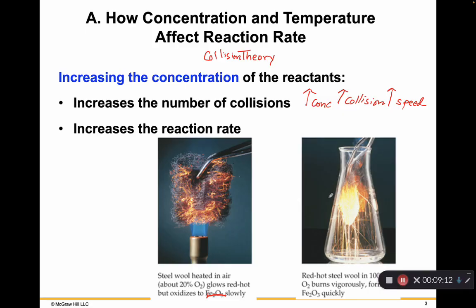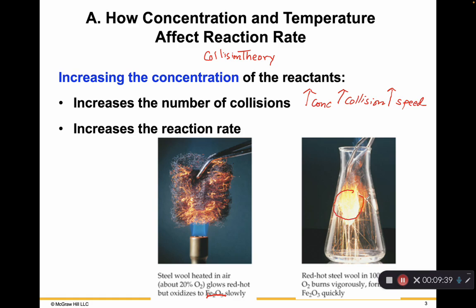If you are doing the same reaction, but this time you are not doing it in the open air of the lab, you are collecting oxygen gas in an Erlenmeyer flask. You have a flask that is full of oxygen, and then you bring the red hot steel wool in it and burn it. In that case, you will see an explosive reaction.